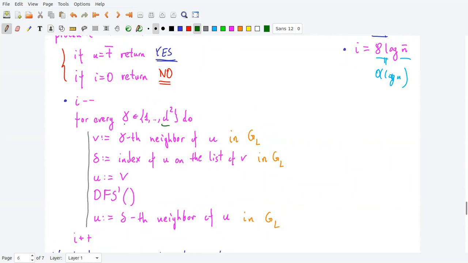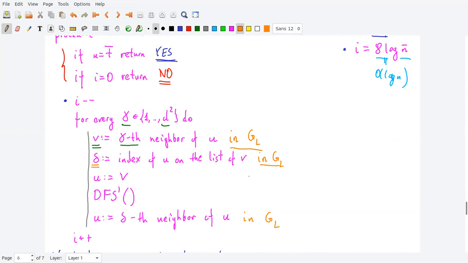So we iterate over all the gammas from 1 up to d square, the indices of the neighbors of U. Now we look at the vertex V, which is the gamma neighbor of U in GL. We get the return index, so the index of U on the list of V in GL. I'm now just saying what should be done.